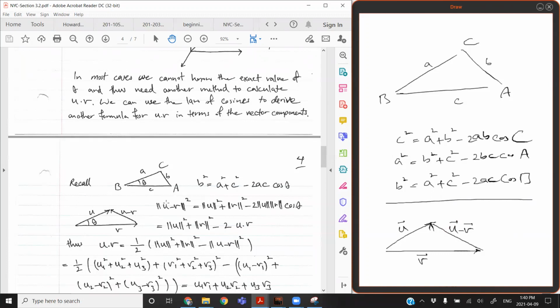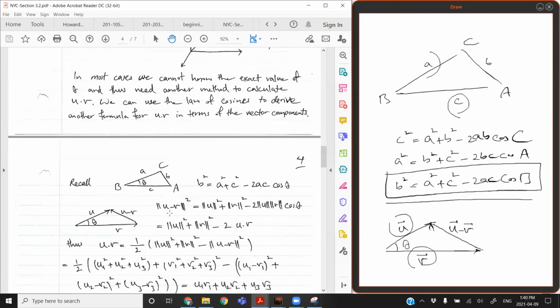If I apply the law of cosines, I take this one to be like a, I take this one to be like c, and I take the angle theta to be the angle B, and I use this last formula.